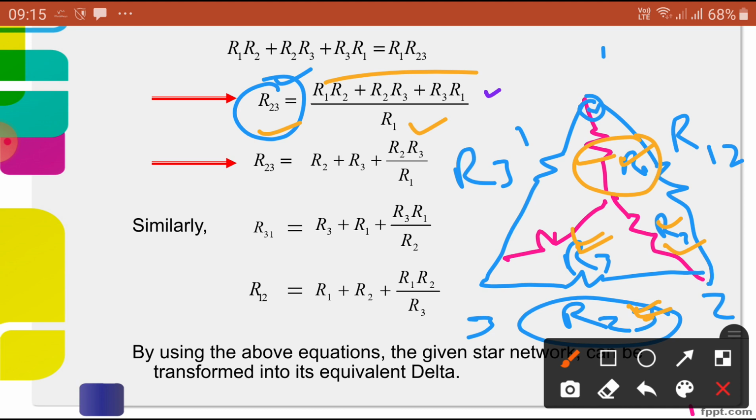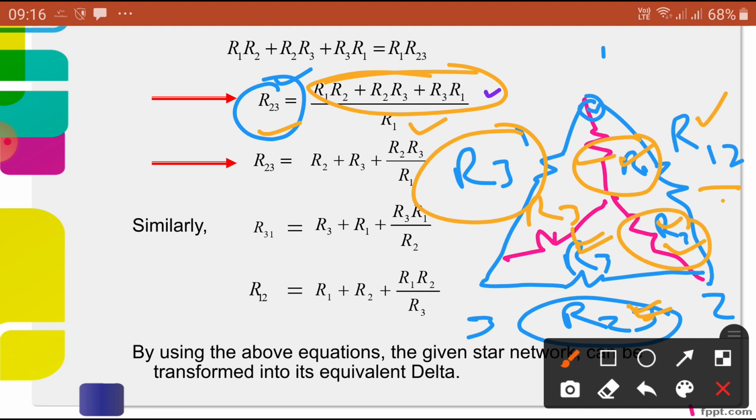Okay, now similarly write all the values. For R12, similarly the total value, you can write it by the opposite. What is this one? R3, simply total value by R3. We are going to get R12. I want the R31, then total value by the opposite, this is R2.